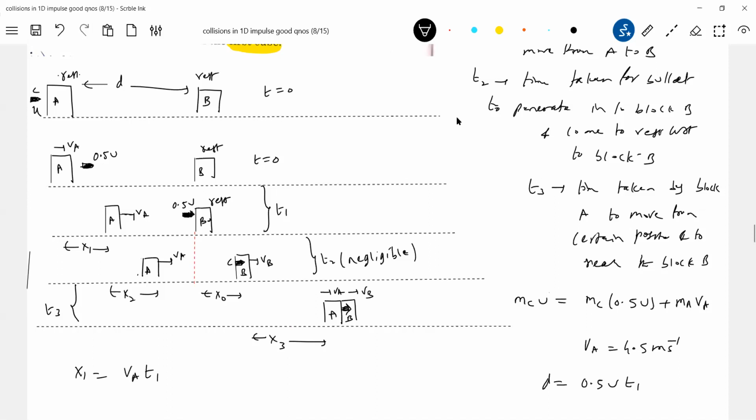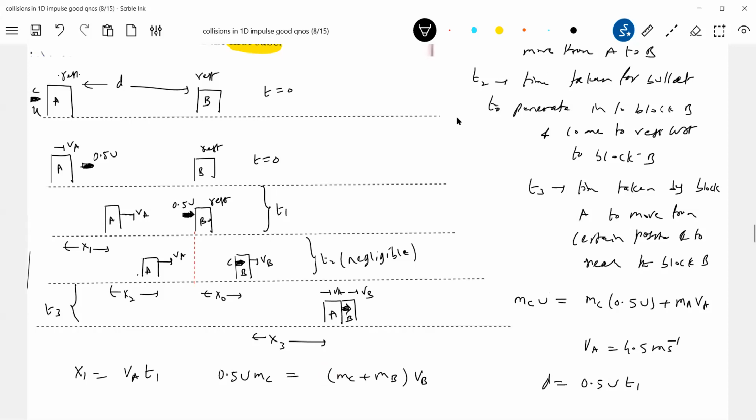Now, conservation of momentum between the bullet and block B. What is the equation? M C into 0.5 U should be equal to (0.5 M C plus M B) into V B. The bullet plus block B will have a combined velocity.